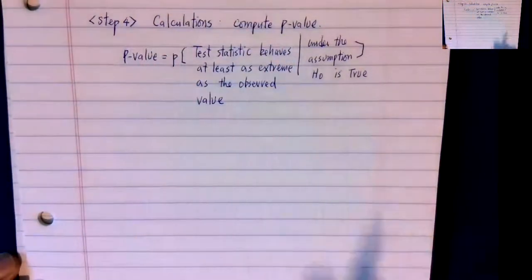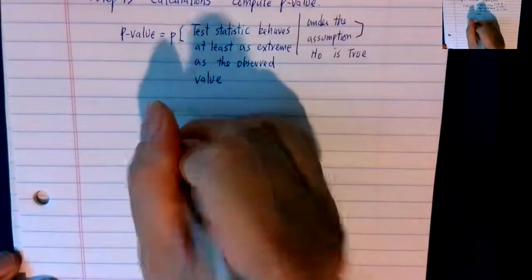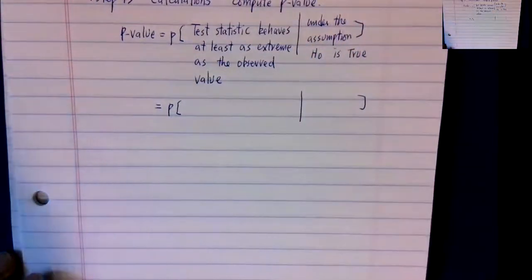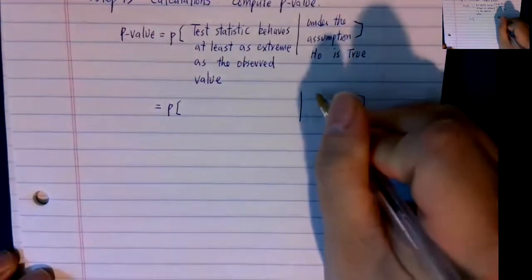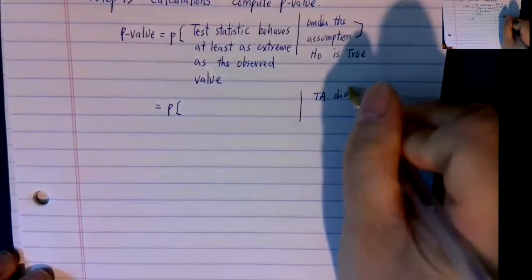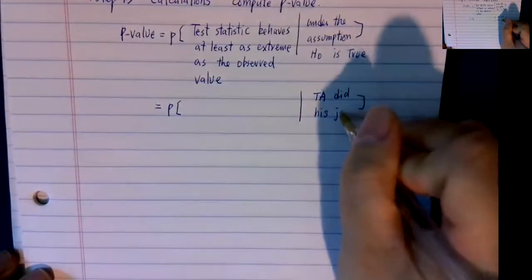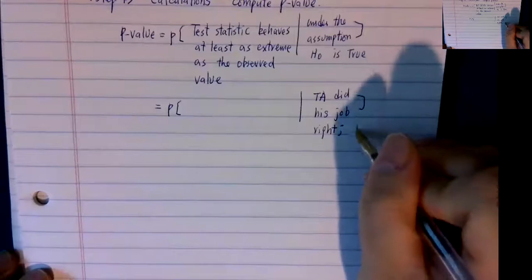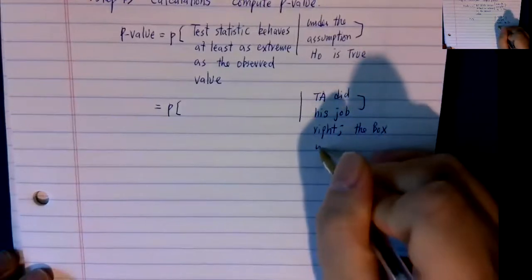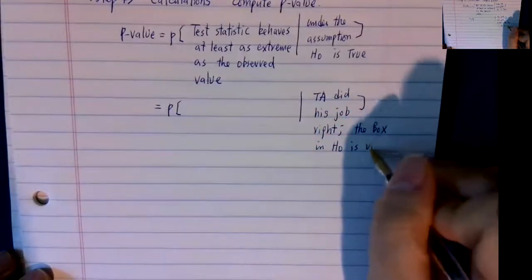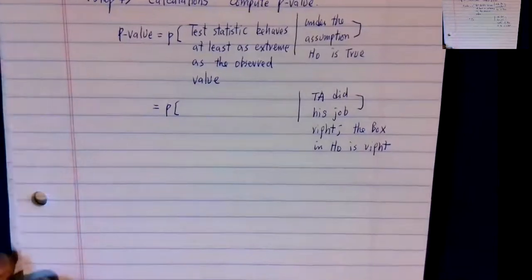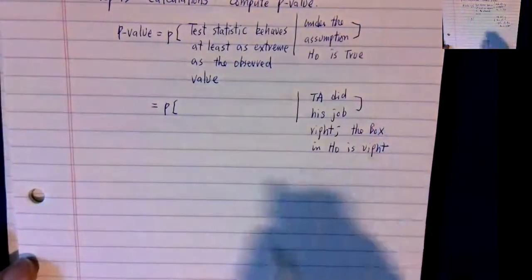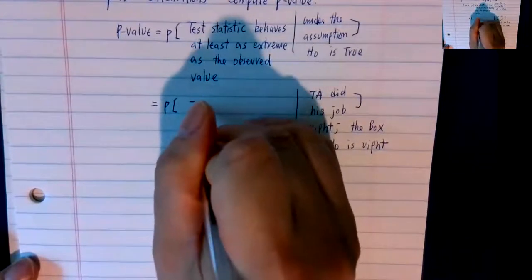Now, look at this turn by turn. Under H naught is true, when the TA did his job right, or you say the box is correct, when you randomly select 30 students from the population of 900 students into his section, how likely is the test statistic?